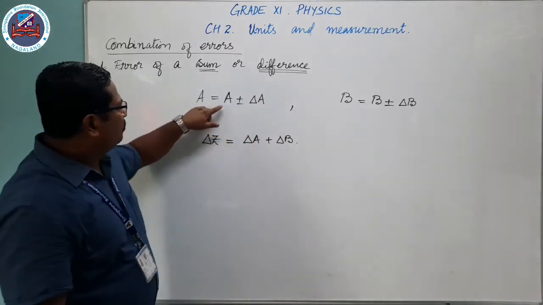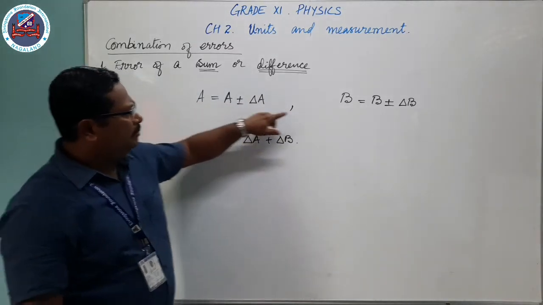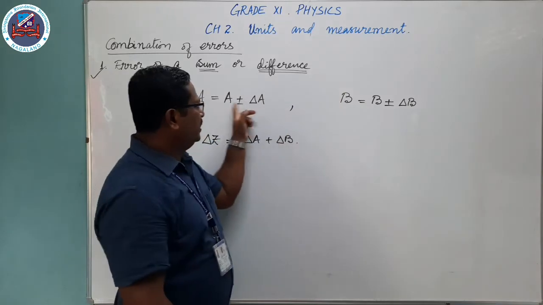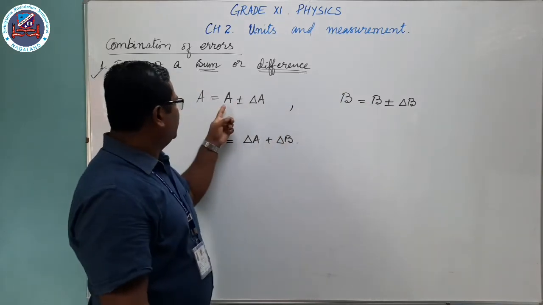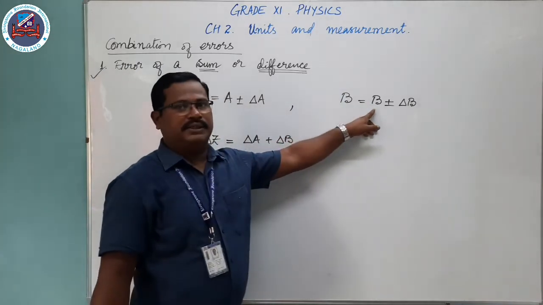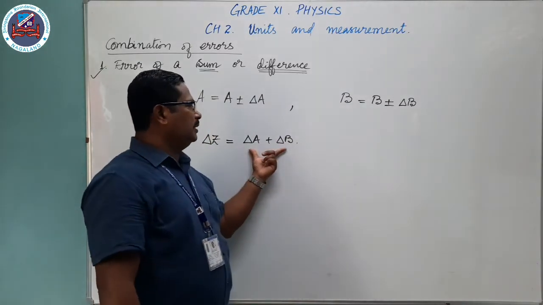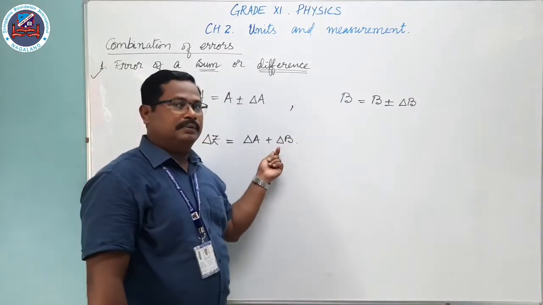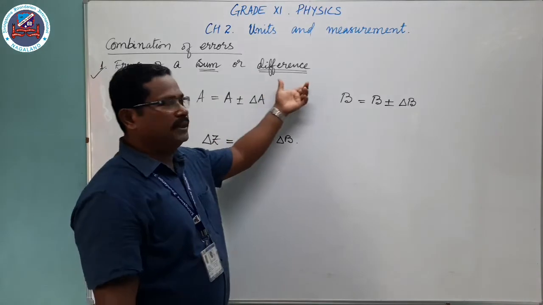And the front part, the true values A and B, if it is a sum, you add them; if it is a difference, you subtract them. But the error part, you have to add, be it sum or difference.